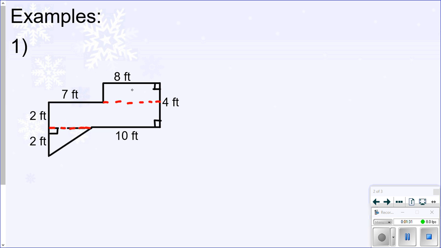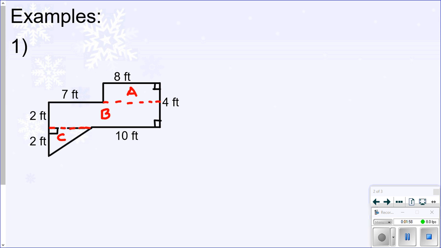So now we have shapes, I'll label these shape A, shape B, and shape C. To find the area of this composite figure, we're just going to find the area of each of these pieces, and then add those together. B is this big rectangle here, C is the triangle, and A is this rectangle here.